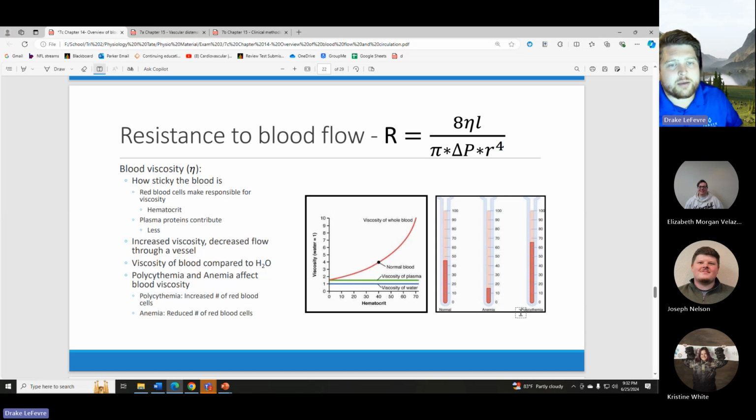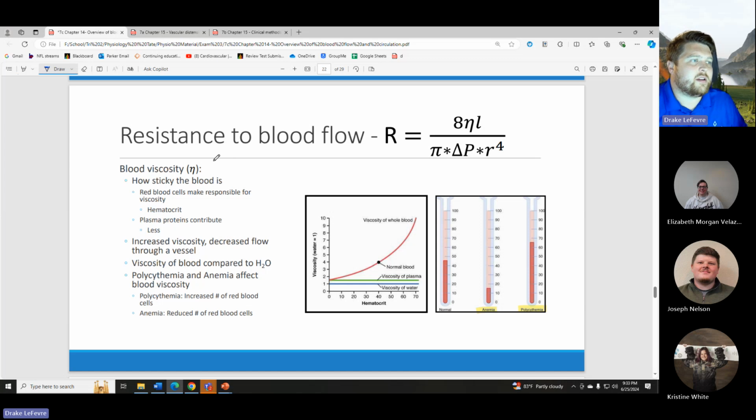Polycythemia, poly meaning many, cyte meaning cell, emia meaning blood, so tons of red blood cells. Your blood's going to be way thicker and it's going to move slower. 9 times out of 10, one of these is a test question. Either anemia, like what happens to blood viscosity, or it'll say what happens to resistance to blood flow when you have a patient with anemia.